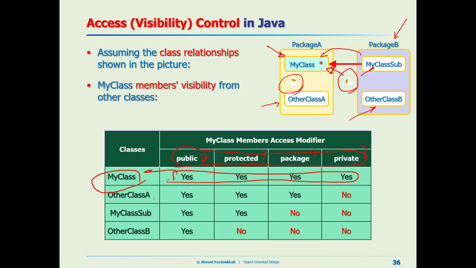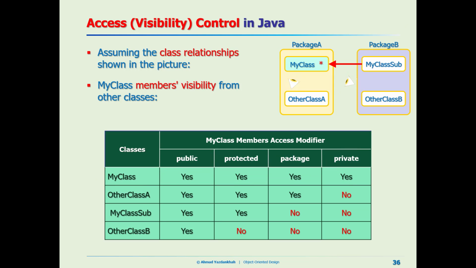Now, how about the other class A that we are talking about? This guy, what members of MyClass can it see, right? So the public is obvious, the protected and the default or package are obvious. The only thing that this guy cannot see is the private.